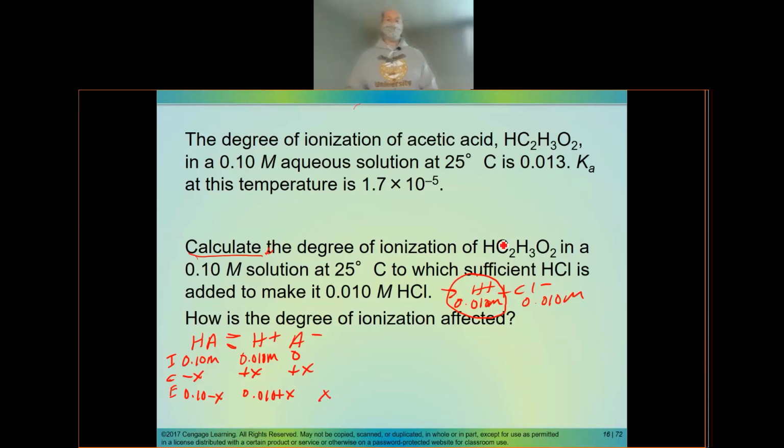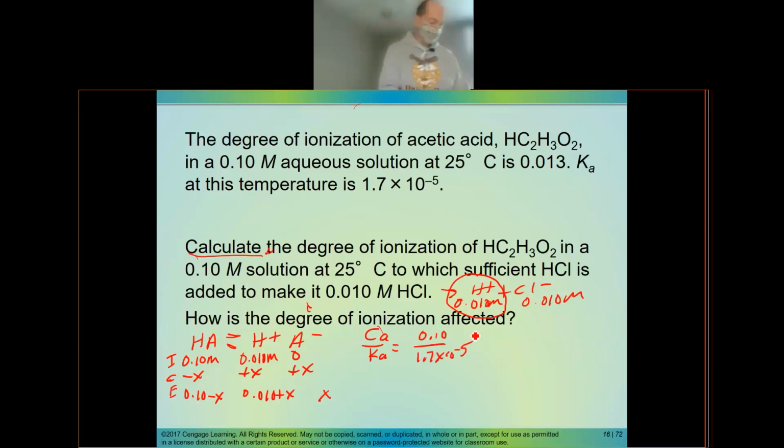All right, to see if you can eliminate the plus and minus X without checking, we take our initial concentration of our acid divided by the Ka. That has to be greater than 1,000. Our initial concentration is 0.1. The Ka is 1.7 times 10 to the minus 5.